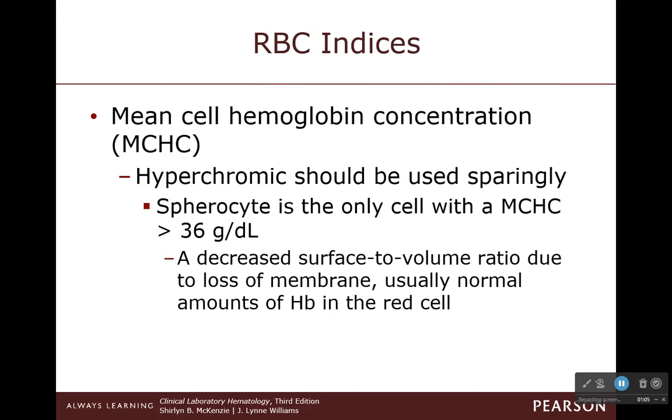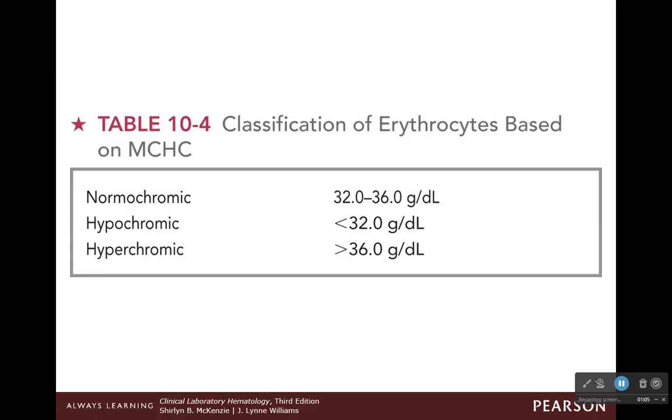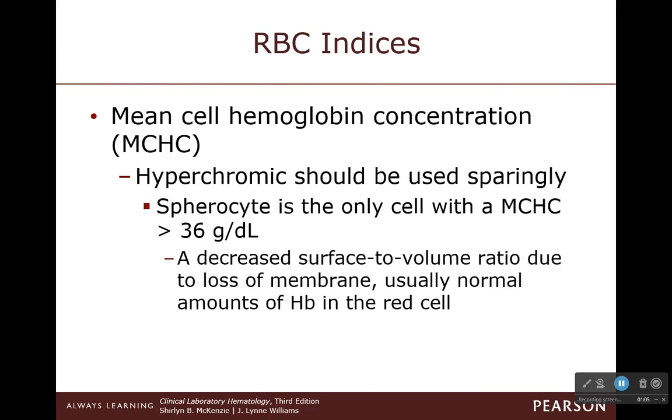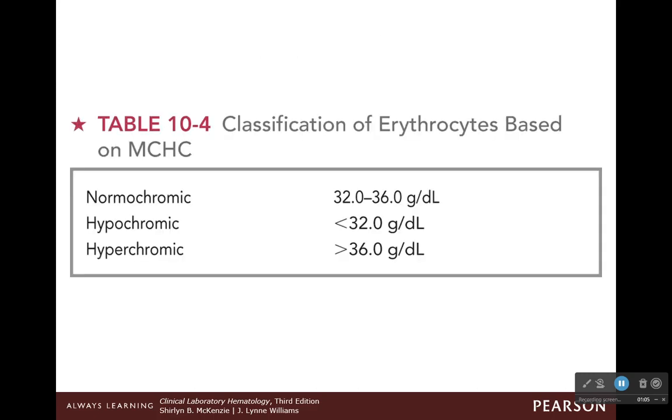All right, and that's exactly what these last two things are saying right there about the spherocyte and the 1/3, greater than 1/3 of the cell is hypochromic. And then the spherocyte's right there. Okay. All right, so those are the terms that we do use with the MCHC. And so this is something you should always comment on a morphology. Okay?